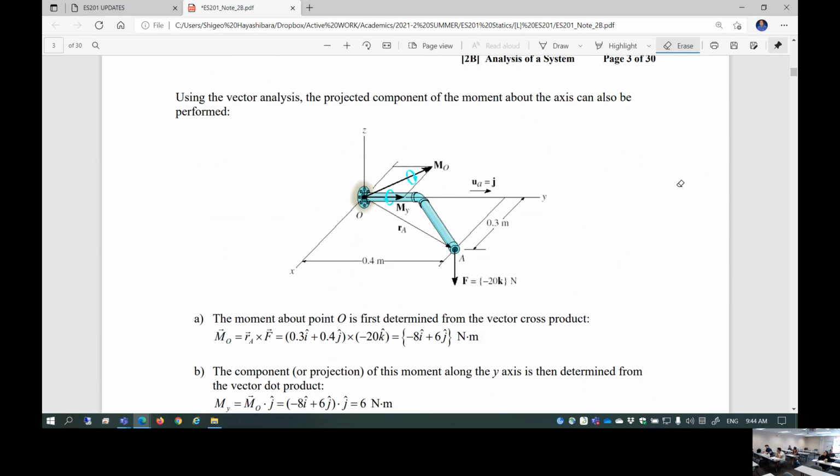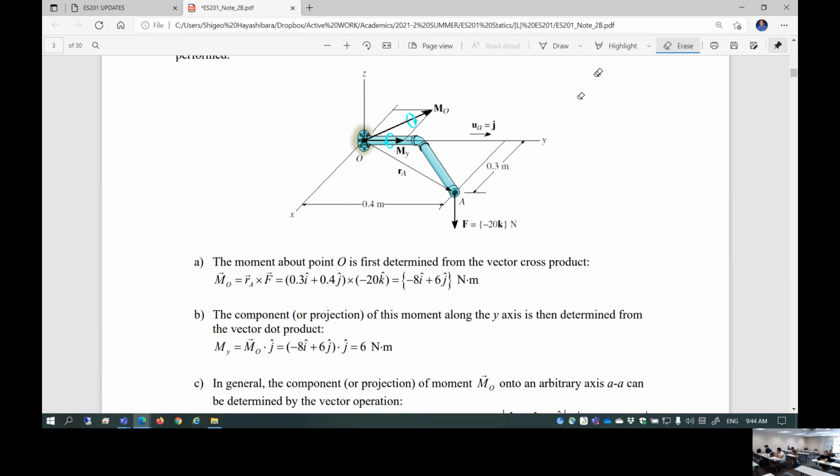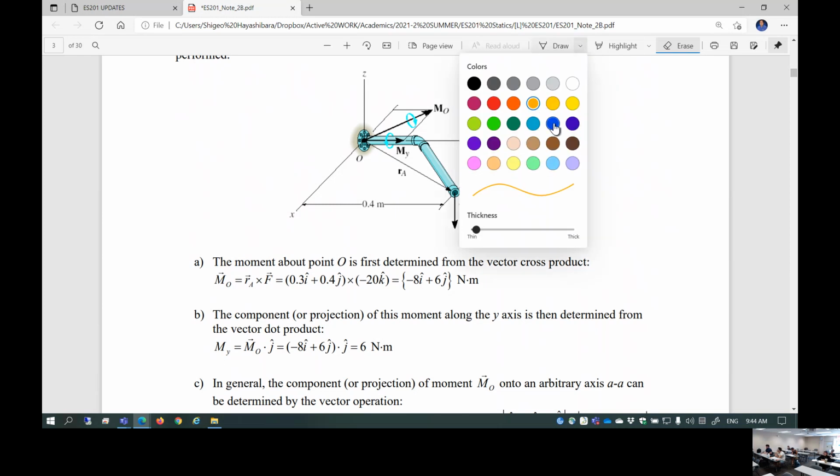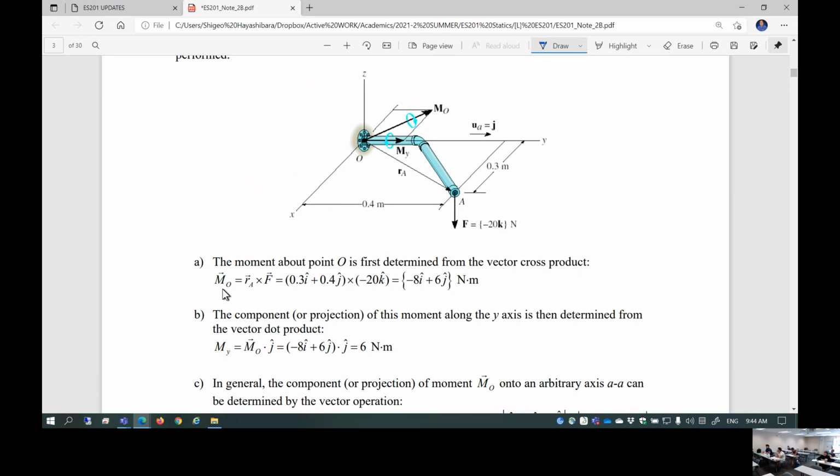Alternatively, you can use vector analysis. Obviously, you can find the moment as a vector because moment is a vector anyways. The moment developed at the point O is, first of all, you find the position vector rA, and take the cross product against the force vector. So this is the moment at O. As I told you, there's no z component, because it's 0.